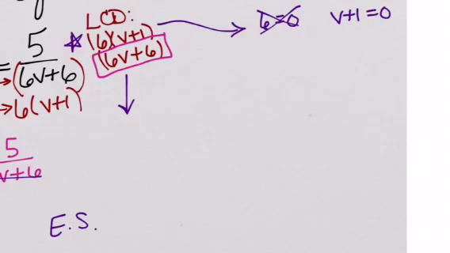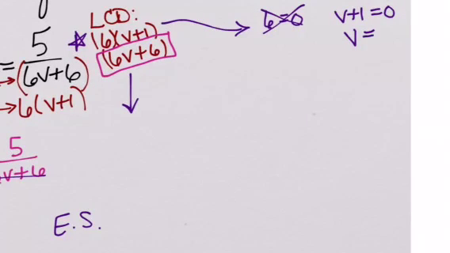The 6 equals 0 we ignore because it doesn't have a letter. It doesn't matter. It's not true. But for v plus 1, I need to get the v alone and move the 1 to the other side. So v cannot be negative 1, sorry. When v is equal to negative 1, the denominators will be 0. The problem doesn't work.